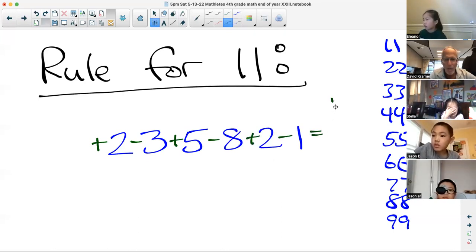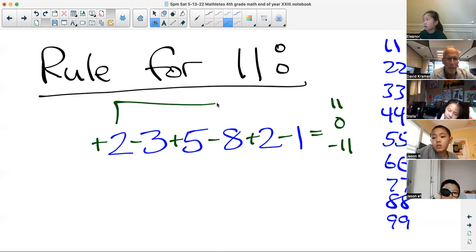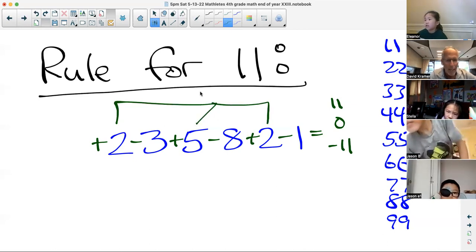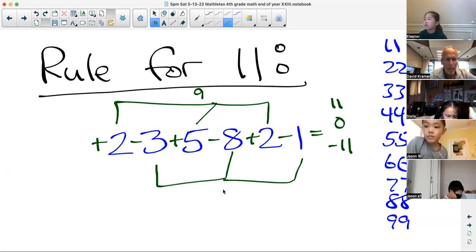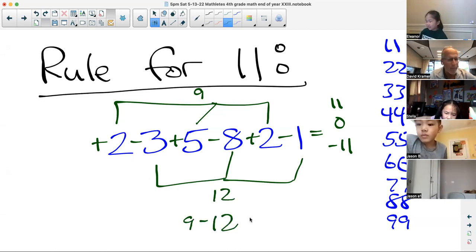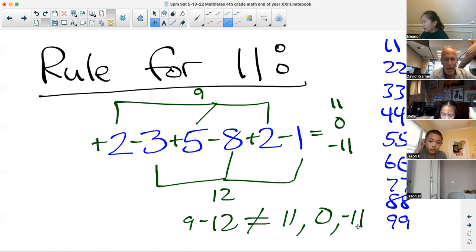If it equals 11, a 0, or a negative 11, it's a multiple of 11. So watch this. 2 plus 5 plus 2 is 9. 3 plus 8 plus 1 is 12. 9 minus 12 is not 11, 0, or negative 11. So this number is not a multiple of 11.